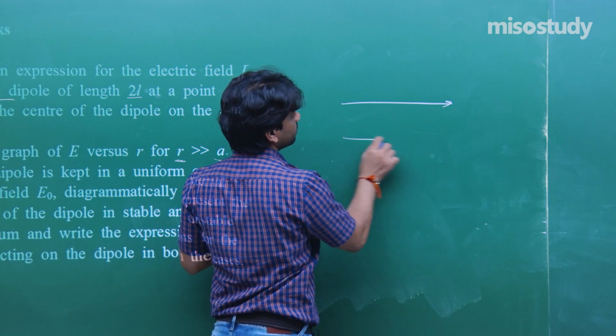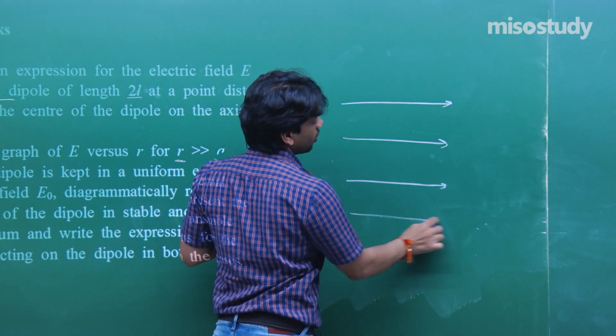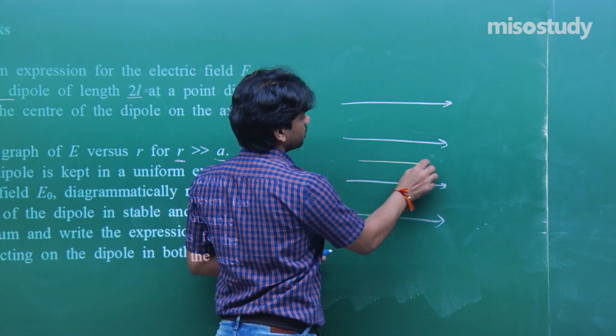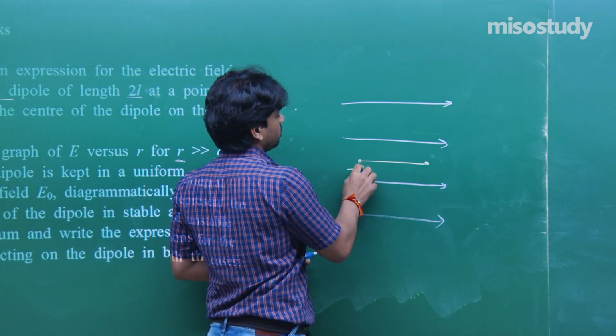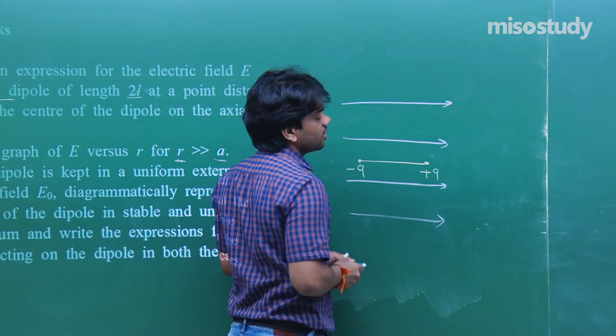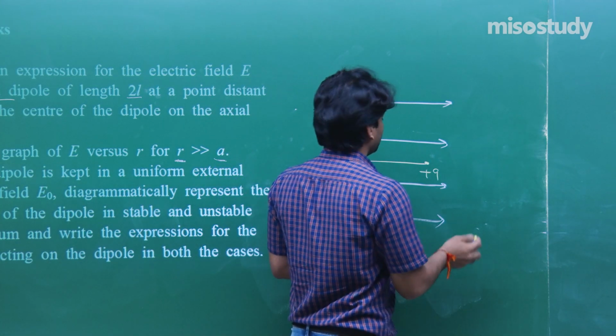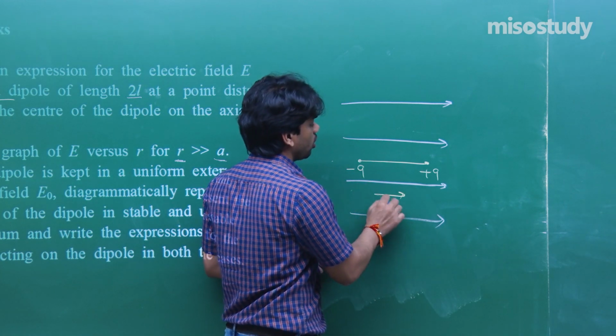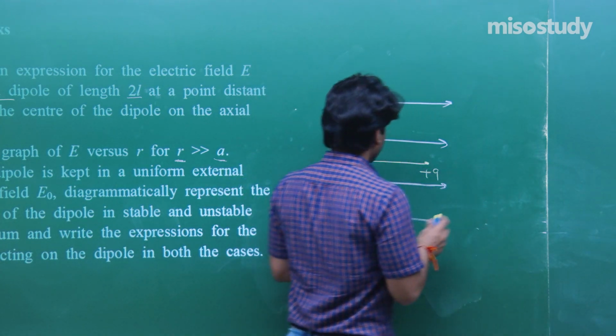Field. Just now I talked about stable equilibrium. When the dipole is in this sense, it is stable equilibrium, the dipole moment is along the direction of the field. This is stable.